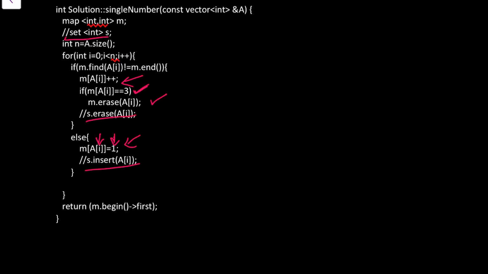And finally, all the numbers which repeat 3 times are removed from the map, and the only thing present in the map, the only key-value pair, is that of the singly repeating element.